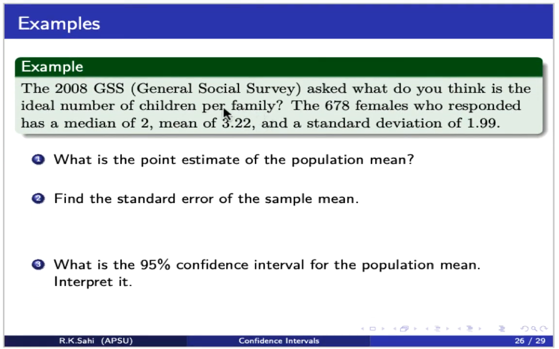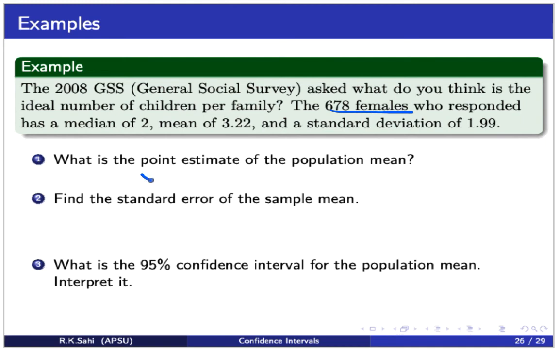The 2008 General Social Survey asked what do you think is the ideal number of children per family. 678 females who responded had a median of 2, mean of 3.22, and a standard deviation, now this standard deviation is of the sample of these 678 females, 1.99. So, the question is, what is the point estimate?